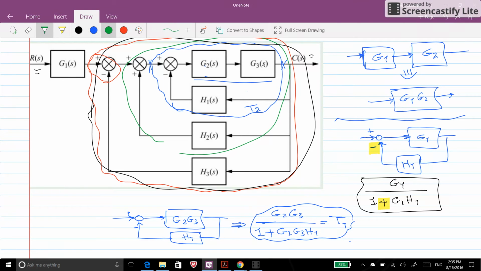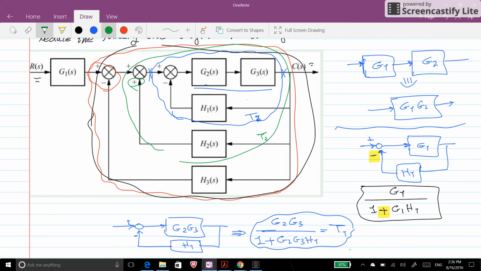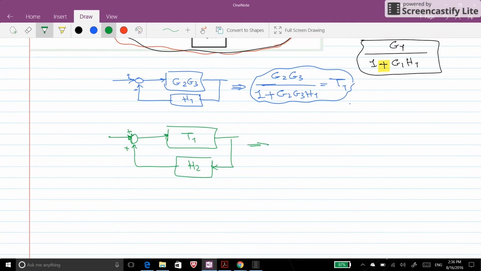Now I need to find what T2 will be, which is the result of simplifying T1 in a feedback loop with H2. So this is what we have: T1 and H2 in a feedback configuration where we have a positive feedback, as you can see here. So the result here will be T1 over 1 minus T1 H2.